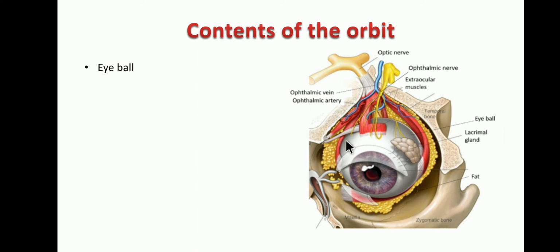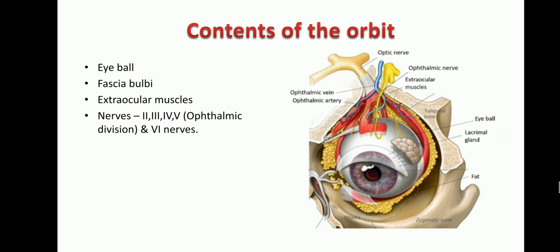It is like a secondary socket for the eyeball. The biggest primary socket is the orbit itself. Then you have the extraocular muscles, which help to move the eye in various directions. Then you have the muscles and vessels, mainly the nerves: third, fourth and sixth cranial nerve, and the ophthalmic division.